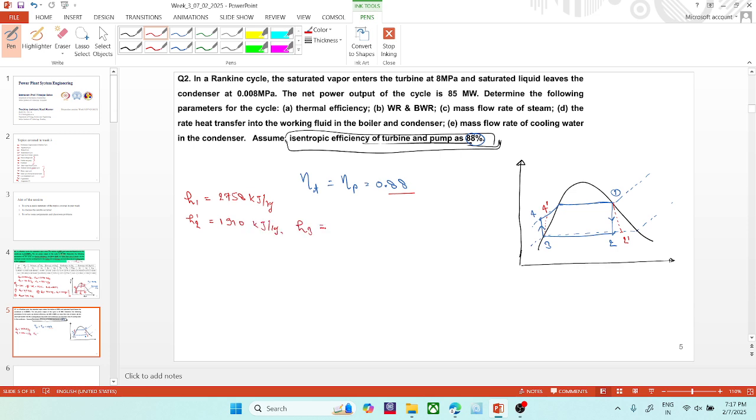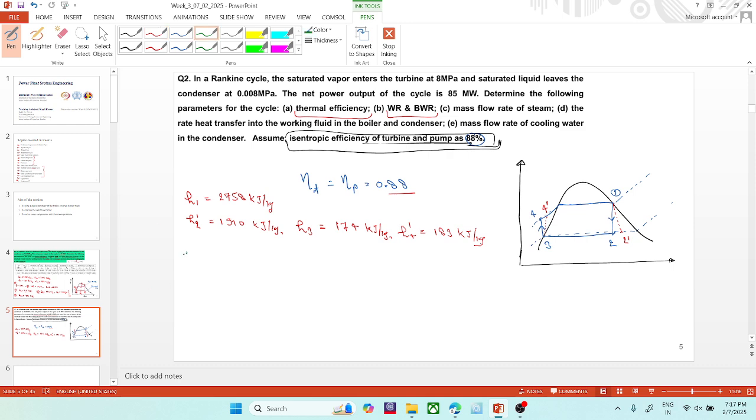H3 would be the same as 174 kilojoule per kg, and H4 dash will come as 183 kilojoule per kg. Once you get all these values, then you can calculate all the subparts of this question. I will write the values here.